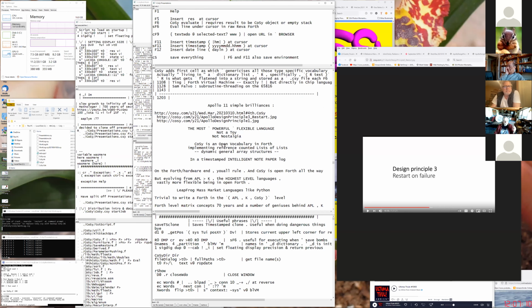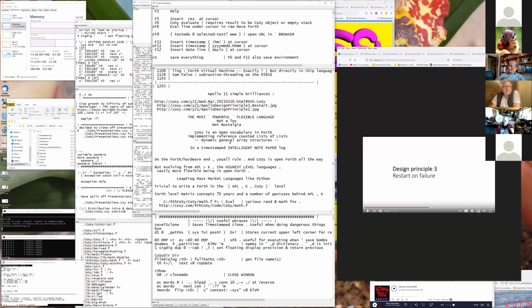But I do that anyway every single time I execute something. It saves a copy of this dictionary list to a file, so it's backing it up every single time you see me execute something.